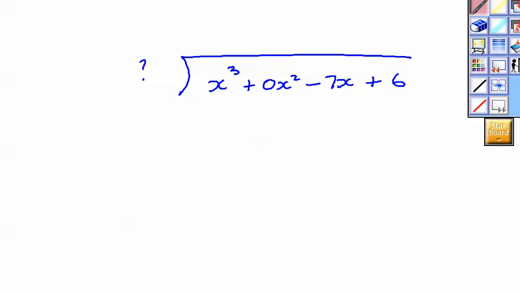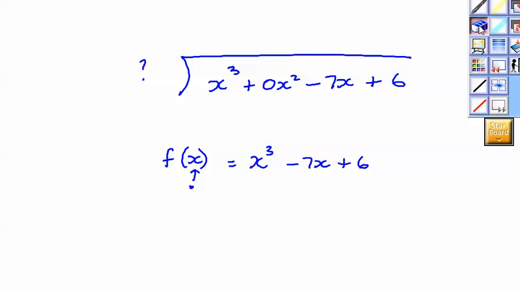So what I'm going to do, first of all, is come back to the original statement of the function of f(x), and put a value in here to show that the remainder will be 0. So it's x cubed minus 7x plus 6. I want to get 0 as an answer by putting a number into here.